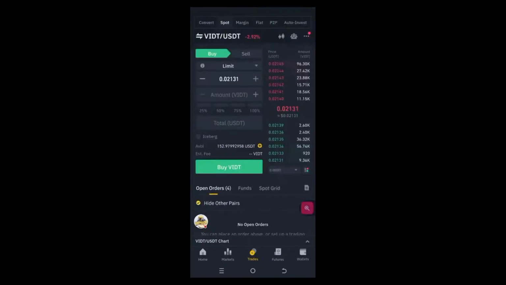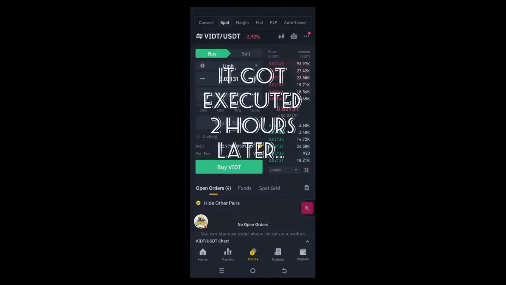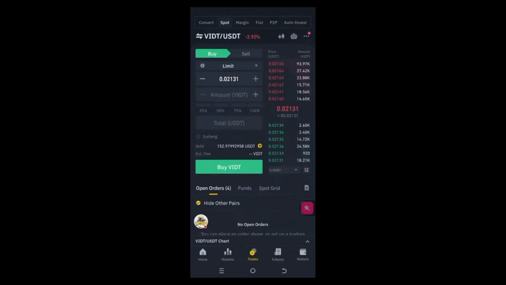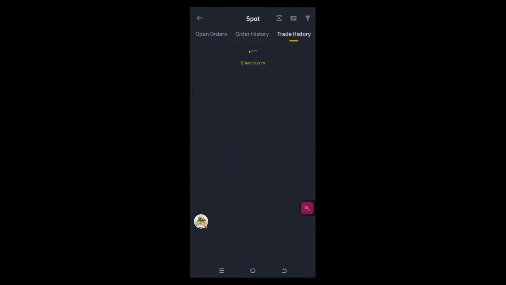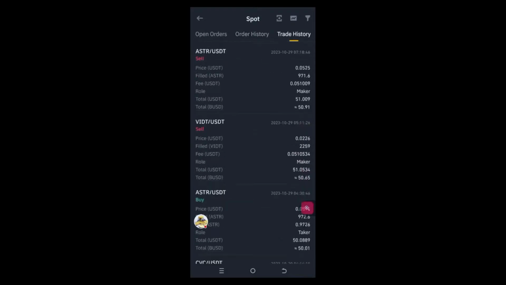We're currently on VIDT, as you can see here, and this trade executed almost 2 hours after we picked the trade. Because this happened a couple of hours ago, let me open up the trade history so that we can look at the different points and metrics.